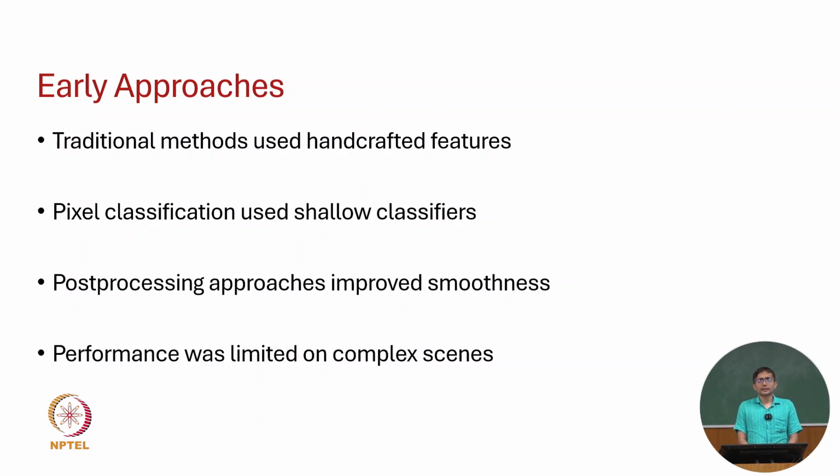Okay, now let us move slowly to discuss the approaches for segmentation, or semantic segmentation. The early approaches used handcrafted features. They used shallow classifiers on top of those handcrafted features.